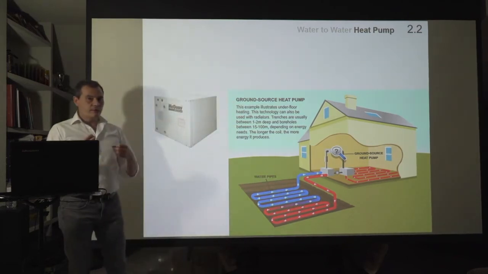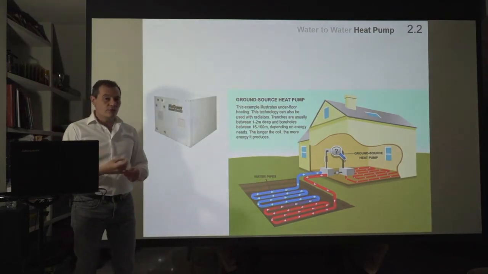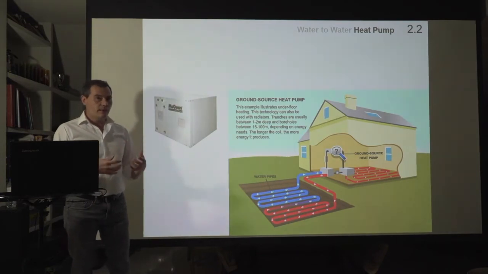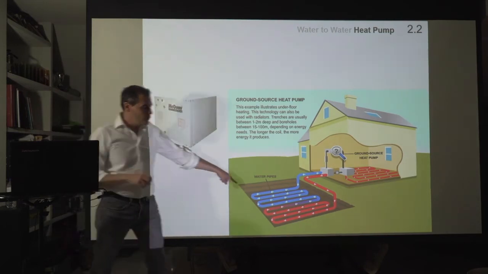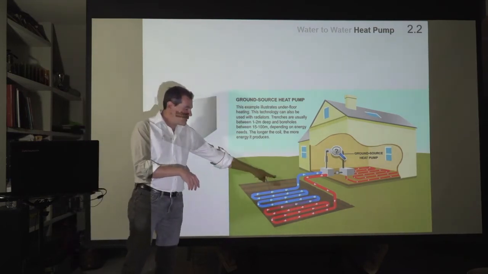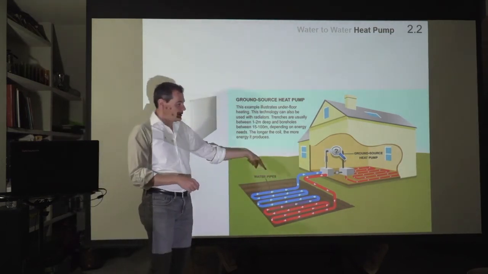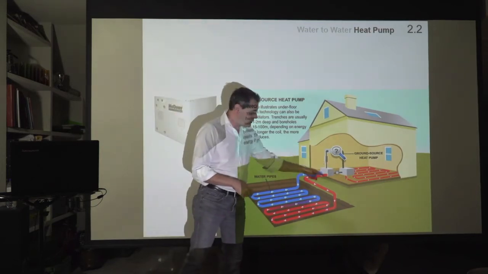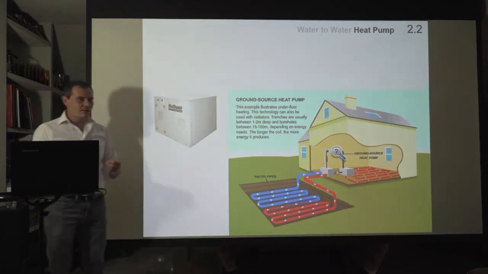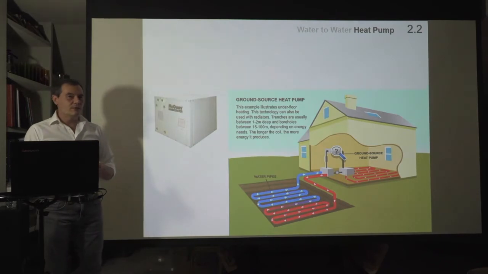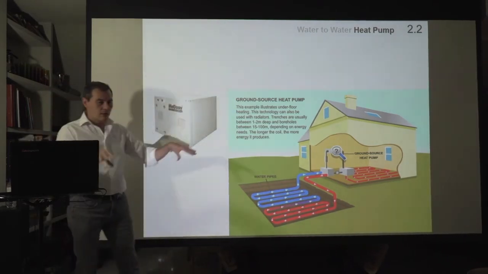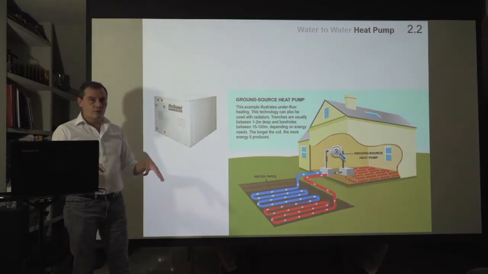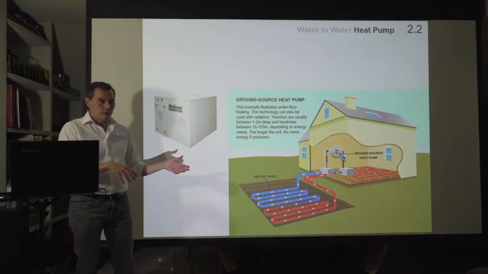It has a lot of advantages from the energy savings point of view, but again, it's even more complicated than the air-to-water system. First, because you have to dig a hole, and then you have to place a lot of water pipes from this unit. So it's very expensive, it's very complicated, and sometimes you can't do it because if you don't have a lot around your house, you can't do it.